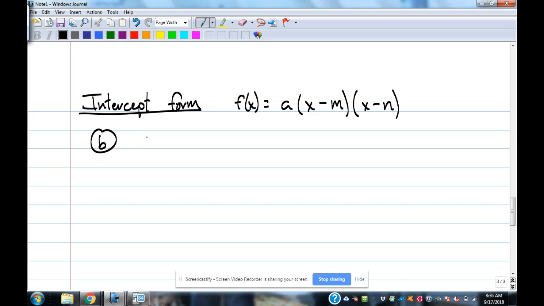This will be example B. Let's call it f of x equals negative, x plus 5, x minus 3.